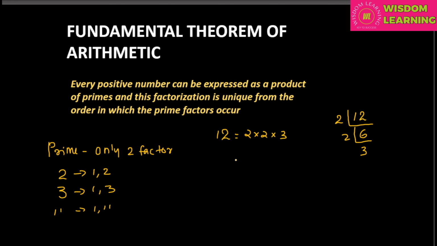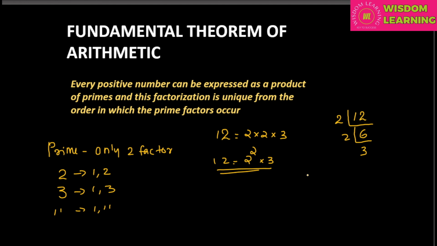How many times is 2 repeated? 2 times. Therefore, 12 is 2 squared into 3. This is unique. No other number gets this type of factorization.